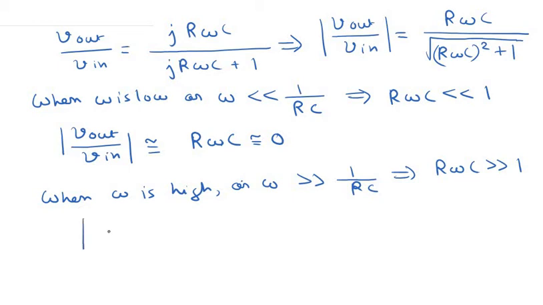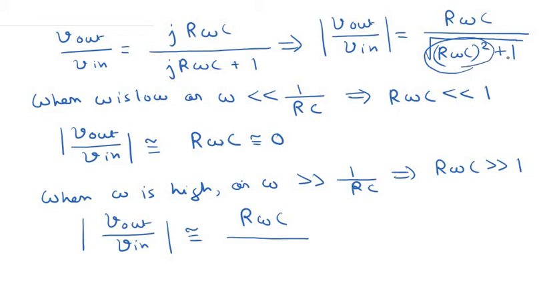So V out by V in is approximately equal to, in the numerator there was R omega C, and the denominator is approximately root over (R omega C) square, since we have neglected the 1 here, which means that the denominator is equal to R omega C. So R omega C divided by R omega C is equal to 1.